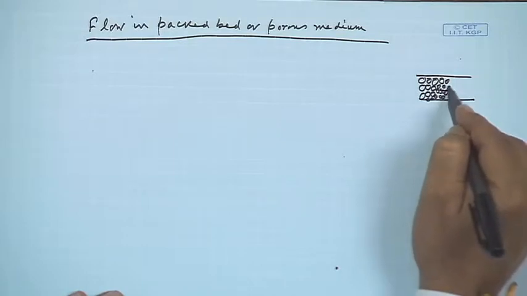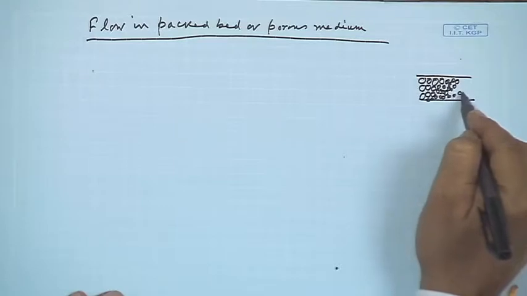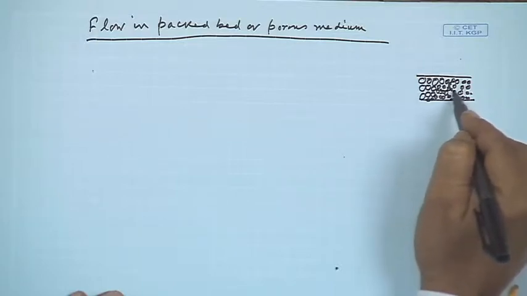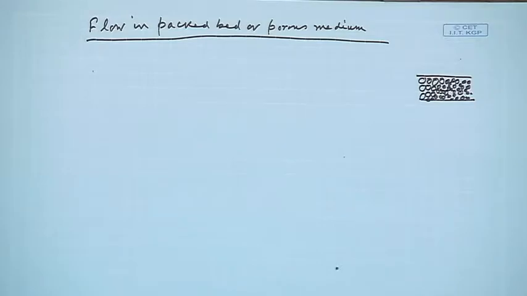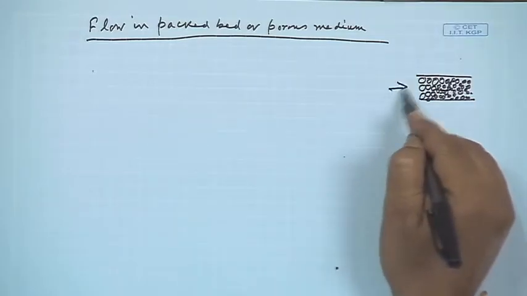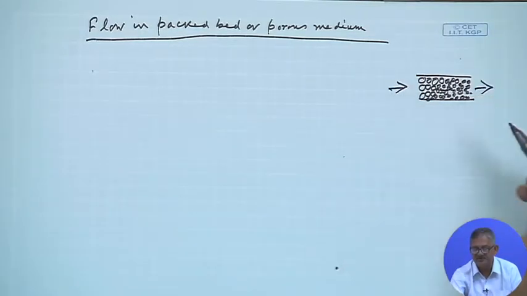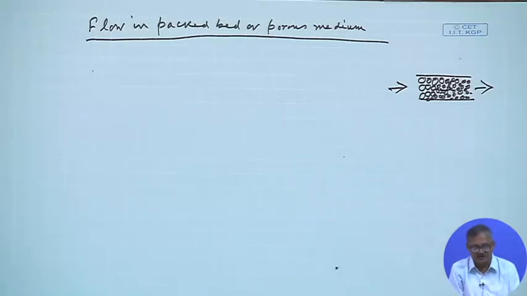And depending on how these materials are sized and in what density they are packed. So, this we call to be a packed bed. If a fluid is flowing through this and going out of this, then we call it to be flow through packed bed, or in many cases this is also termed as porous medium.